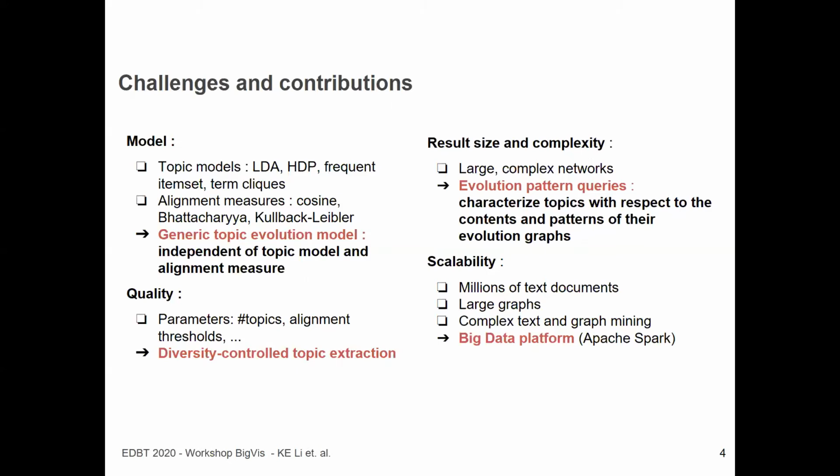Therefore, we have proposed an evolution pattern query language, which allows to characterize topics with respect to the content and patterns of their evolution graphs. And the last contribution is that we have implemented our workflow on Apache Spark, which allows to process from thousands of text documents to millions of text documents, and build large and complex evolution graphs.